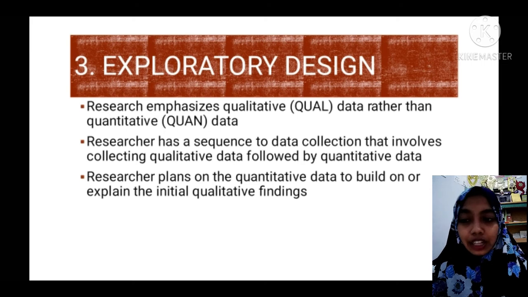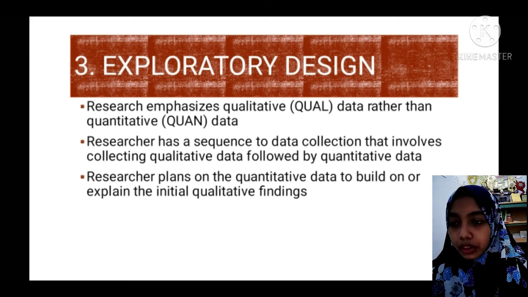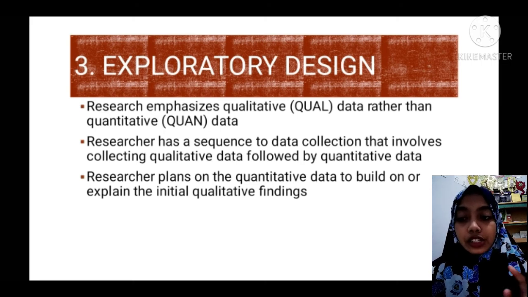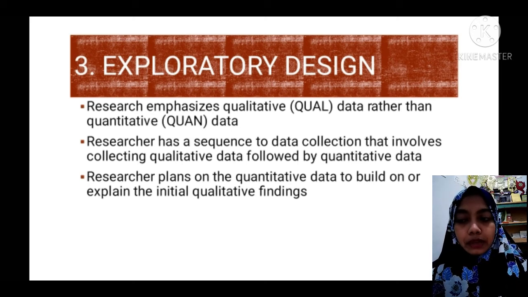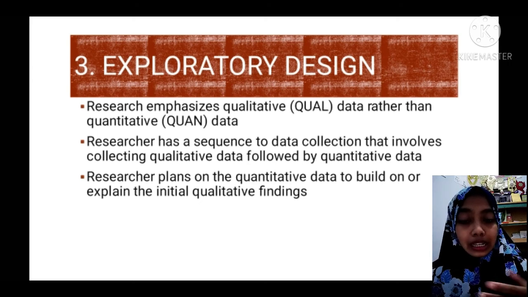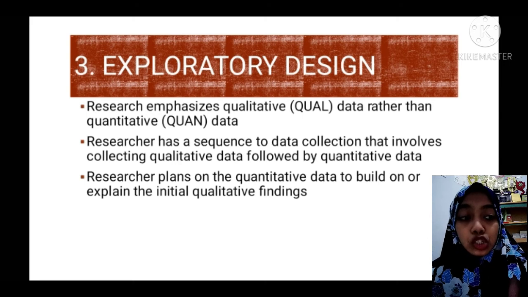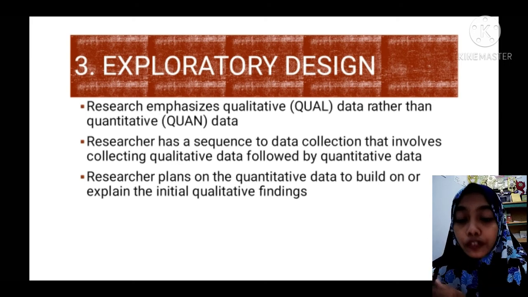Based on my understanding, the researchers first collect and explore the topic by collecting qualitative data, and then they collect quantitative data to examine the results of the qualitative data.